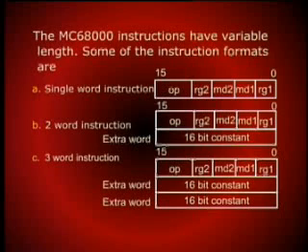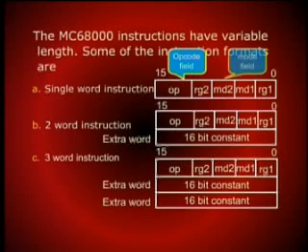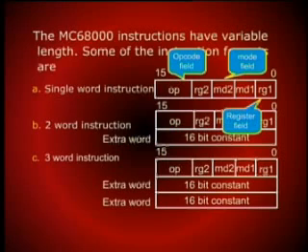Now you could just say we have opcode field 4 bits, then we have mode field MD, and the register field RG. So there could be, for example, in one case, 1 and 2 might refer to the source and destination indicated. Now this is a single word instruction with 16 bits.